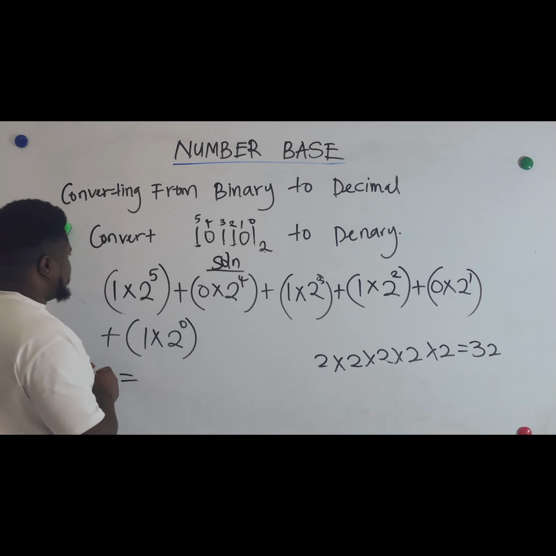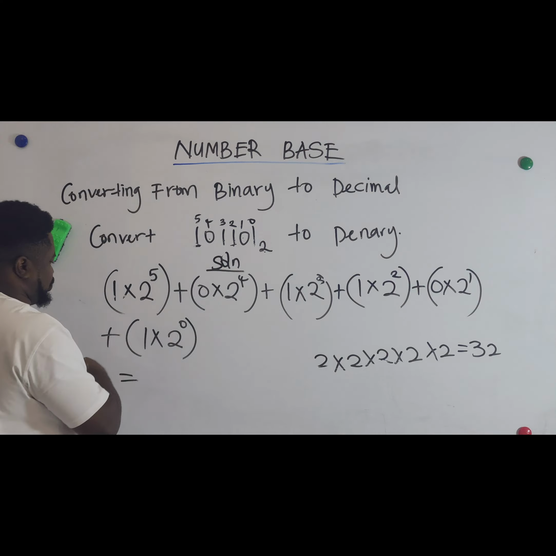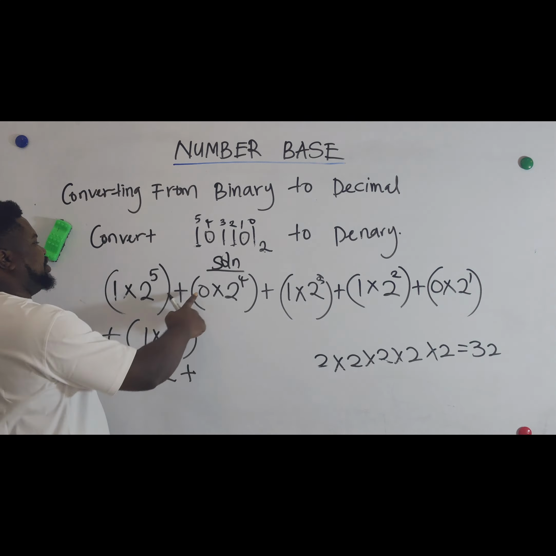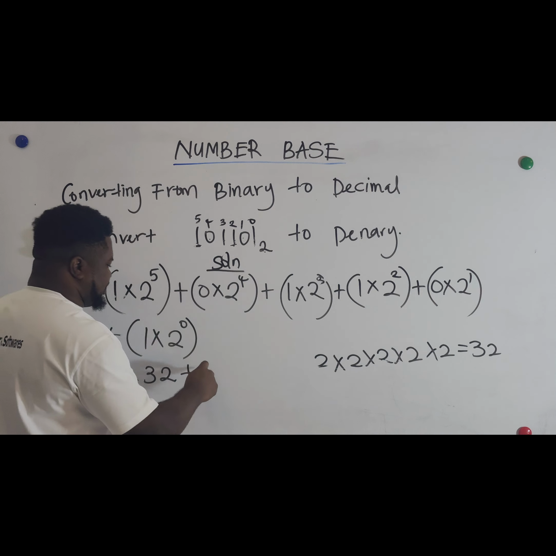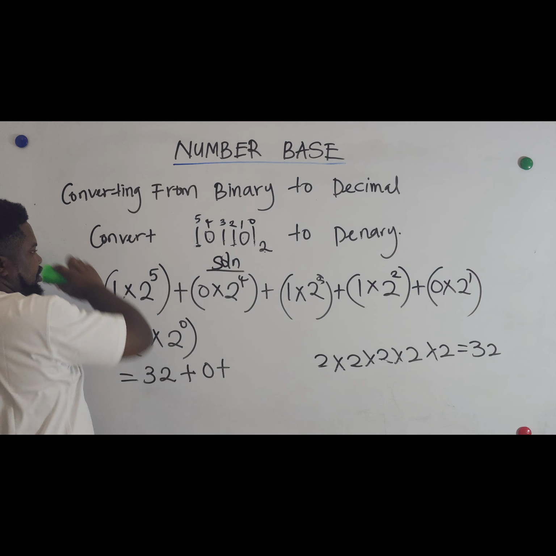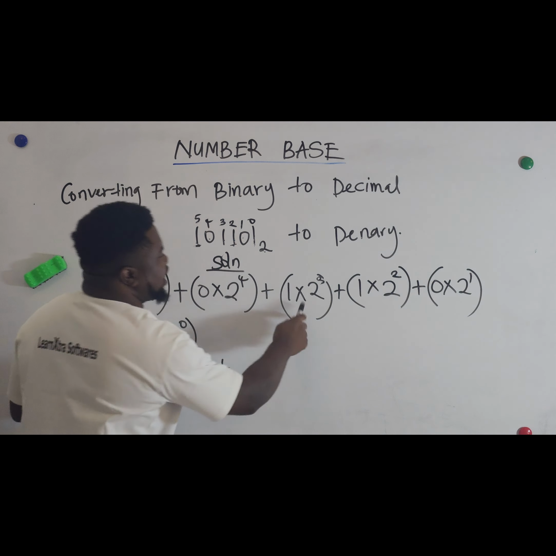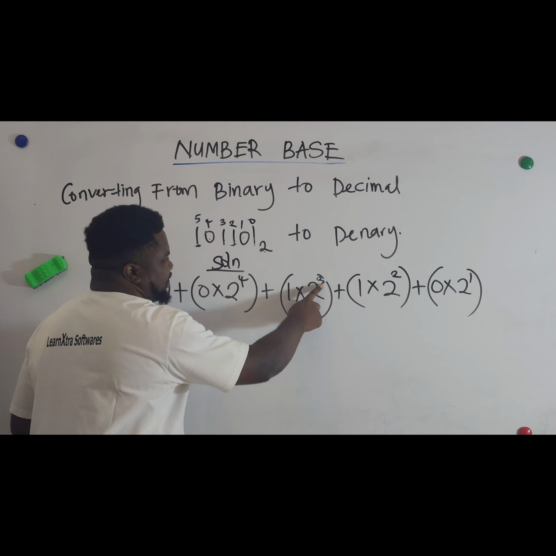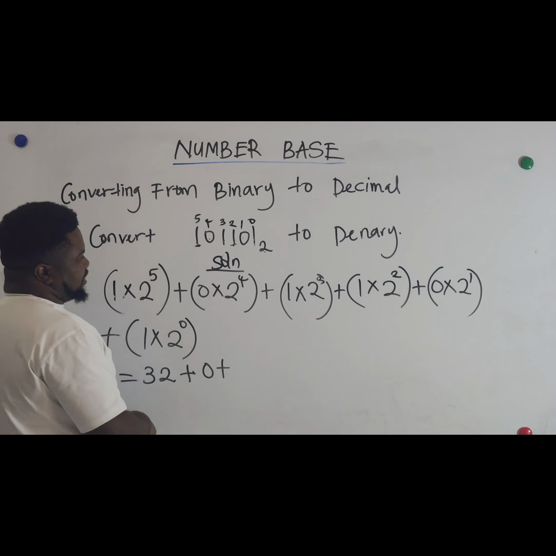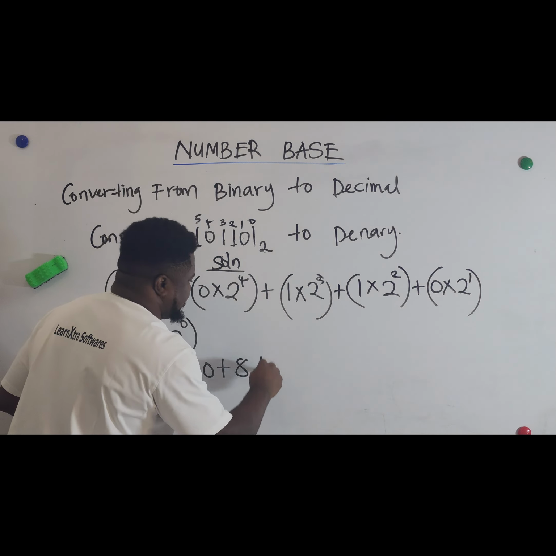So here will be 1 times 32, which is 32. Plus 0 times anything is 0. It makes our work faster. Here, 2 power 3 means 2 times itself in 3 places, and that's 8. 1 times 8 is 8.